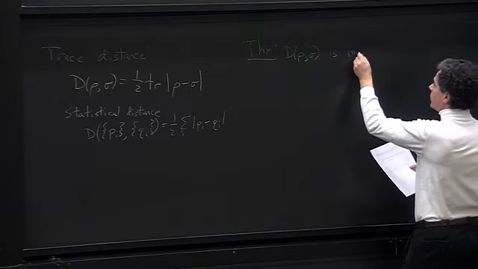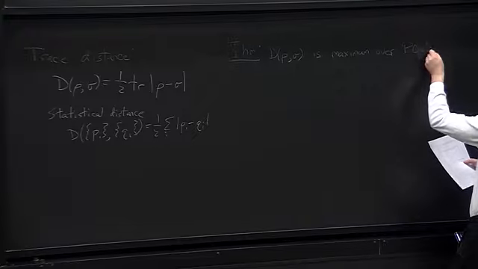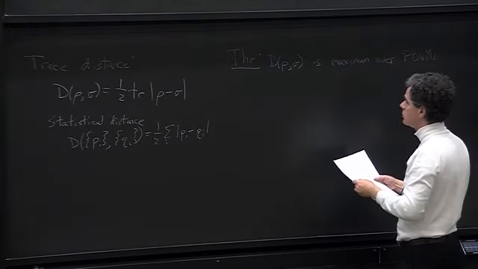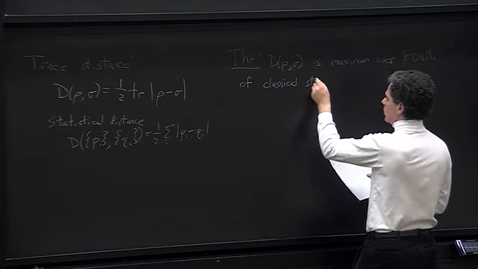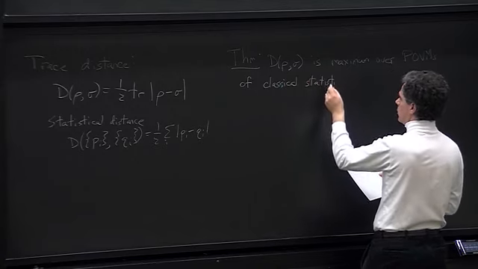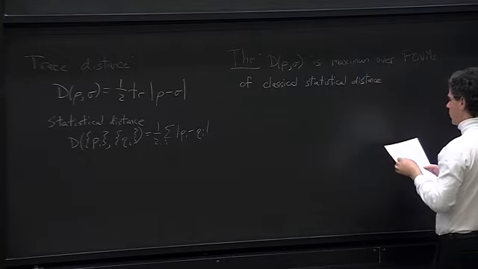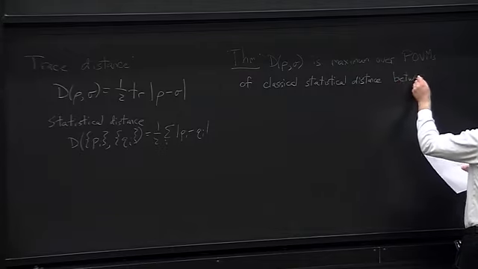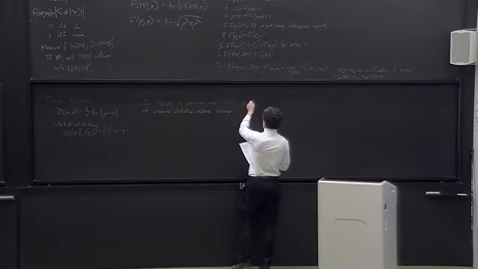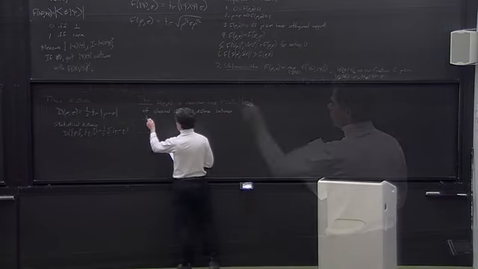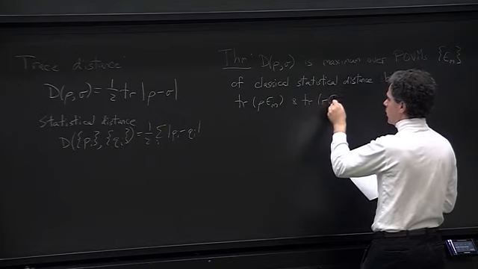The trace distance is the maximum over POVMs of the classical statistical distance between trace of rho E_m and trace of sigma E_m.